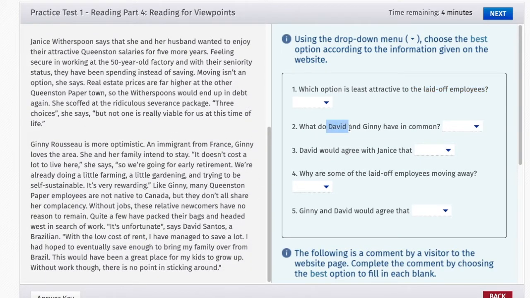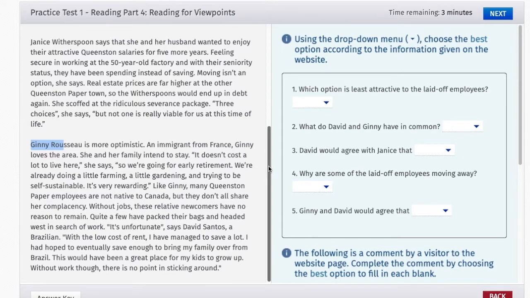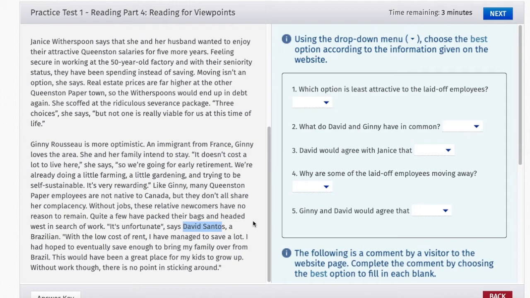What do David and Ginny have in common? So in here I see Ginny, and over here we must have David. There's David. So we need to understand their views. What did Ginny say?